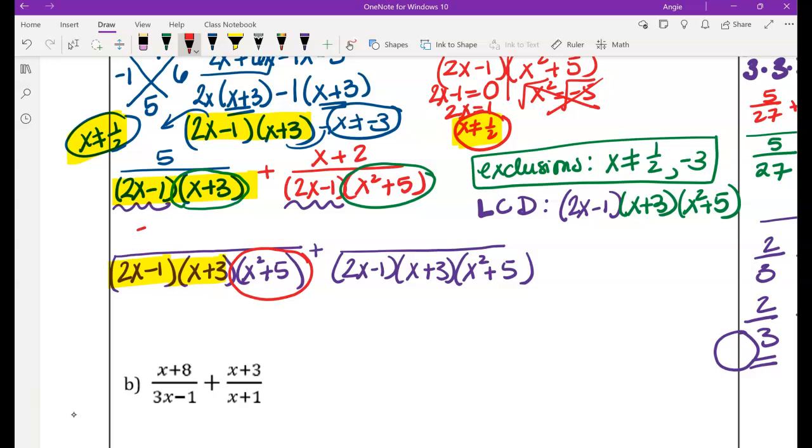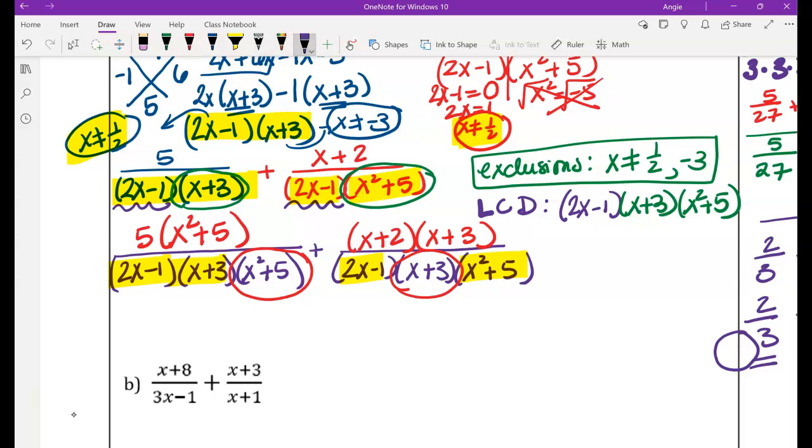So we're going to multiply the numerator with the extra piece that we multiply to the denominator, because whatever you multiply to the denominator, you got to multiply to the numerator. On the right side, this one has 2x minus 1, x squared plus 5. So on this right piece, this is the extra piece that we multiply to the denominator. So that means the numerator, the x plus 2 that was originally the numerator, now gets multiplied with the x plus 3. So the LCDs are exactly the same, students.